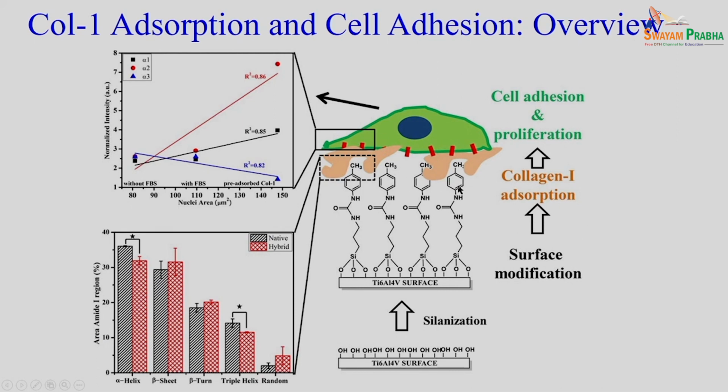Now, because of this moderately hydrophilic surface on the SAM, we observed a very similar secondary structure of the native and the adsorbed protein, and again it resulted in improved cell adhesion, and cell adhesion was mediated particularly by the expression of the alpha 1 and alpha 2 integrins.